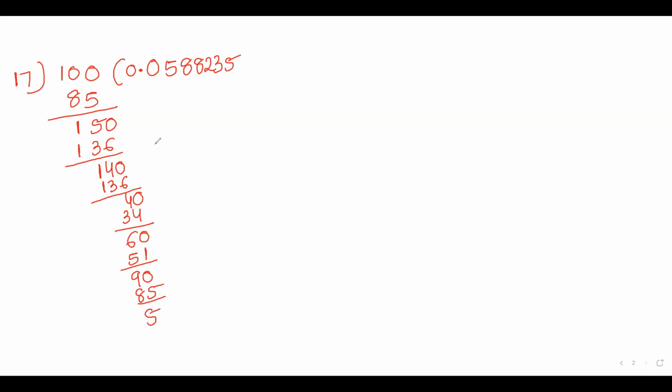Subtract, put a 0. 17 2s are 34. Subtract, you will get 16, put a 0. 17 9s are 153.